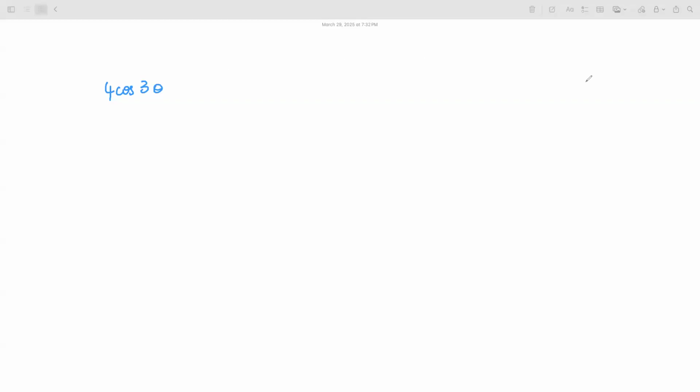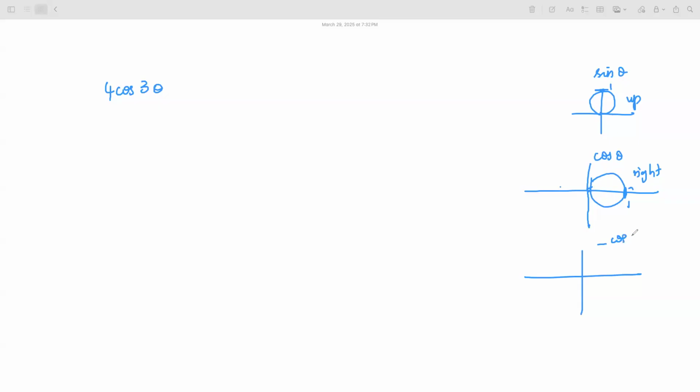First we understood what is the sine theta graph, cos theta graph. Sine theta graph, this is 1 sine theta. So the radius was 1. So here the cos theta graph, this radius was 1 again, but this is towards the right, this is towards up, minus cos theta would be towards the left.